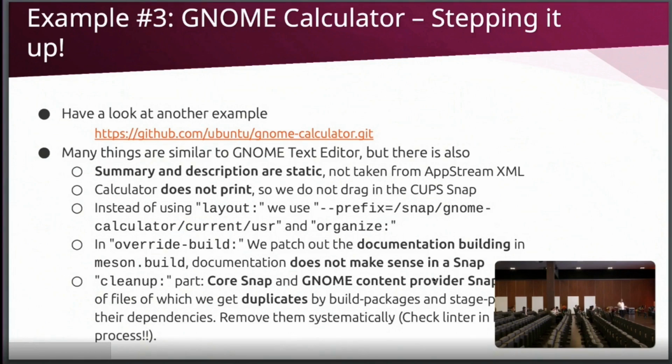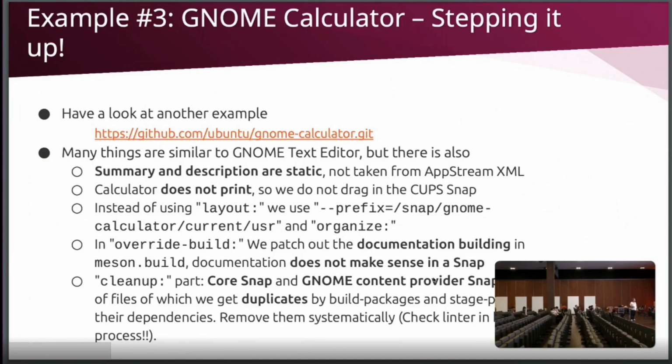And you can go to GitHub to find this project, following the link. And most is the same thing as we have in the GNOME text editor. They are both small GNOME applications.